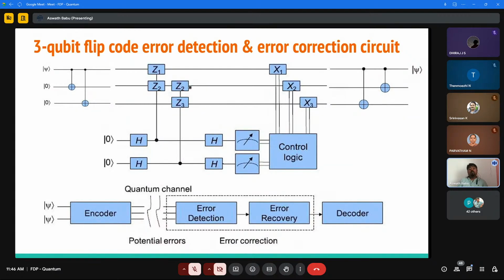Now there is a technique of phase kickback being used here. Usually in a control NOT, depending on the control, the target gets manipulated. See here, the control is at the bottom and the target is at the top.